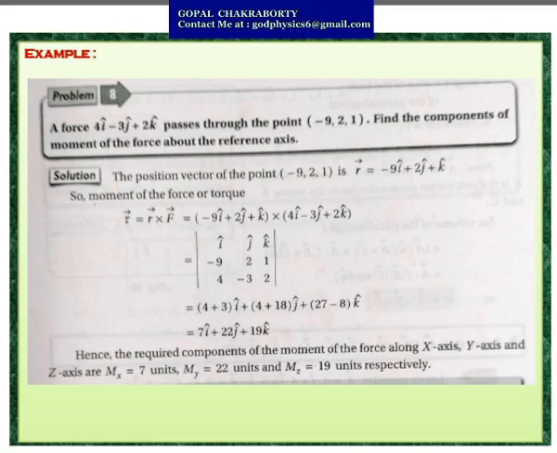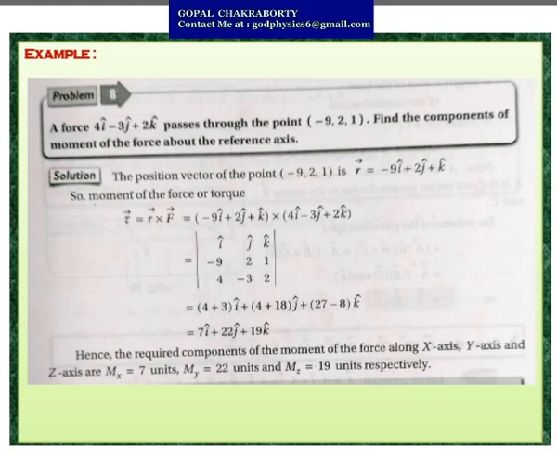So the torque formula tau equals r cross f, as we know. The f is already given, so we first have to find r. The position point is given, so the corresponding position vector will be minus 9i cap plus 2j cap plus k cap. Now we have to find the cross product of these two vectors, r cross f.